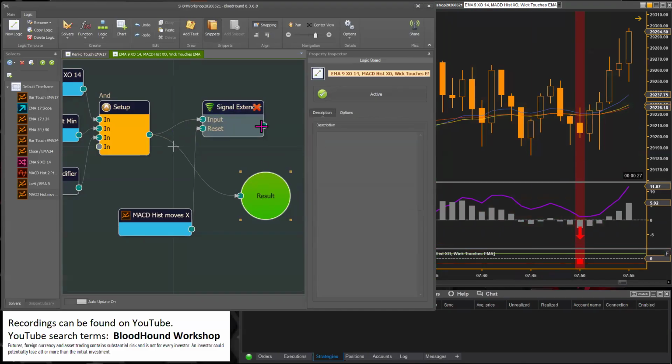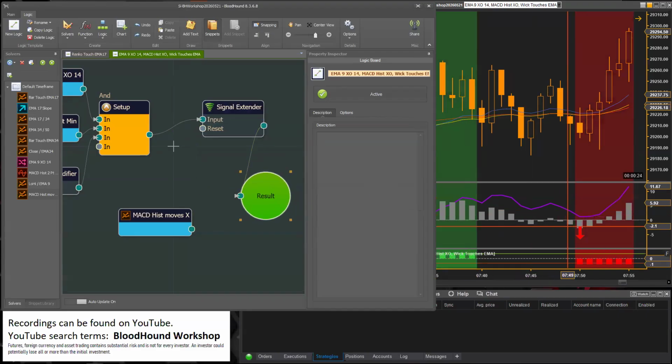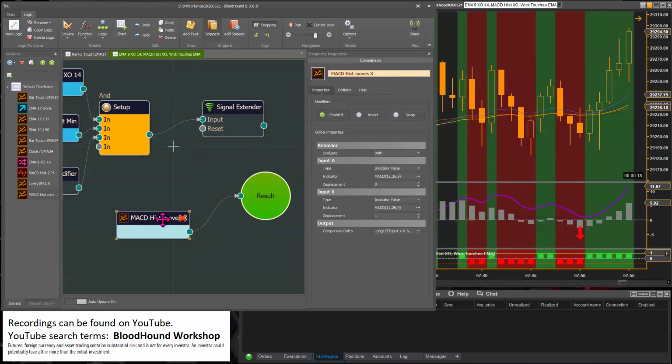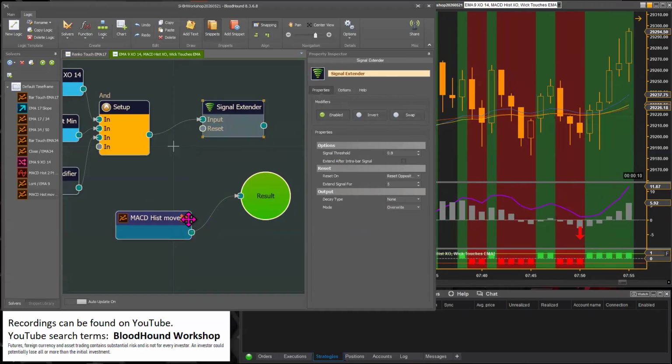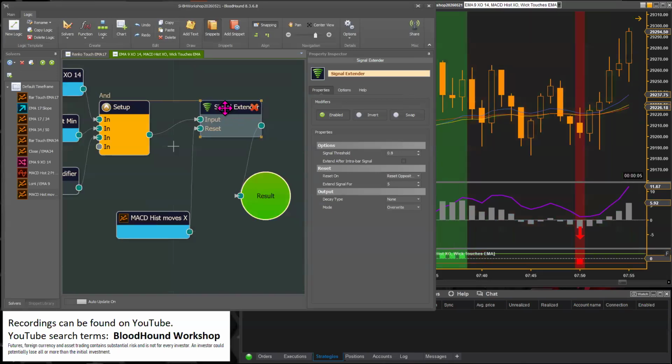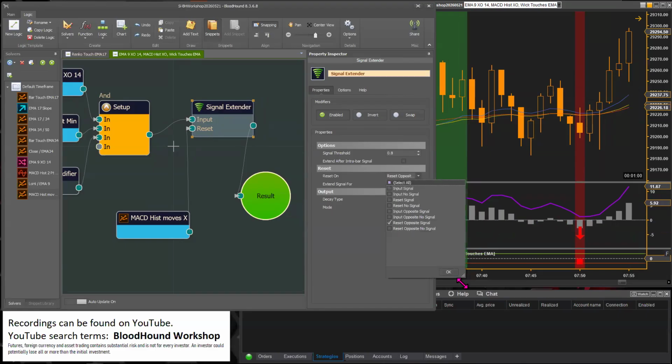The signal extender is extending a short signal, and again, this is giving us a long output as the reset, which is opposite of the signal. So when we go to our signal extender and go into the resets, we're using an opposite signal at the reset to turn off the signal extender.